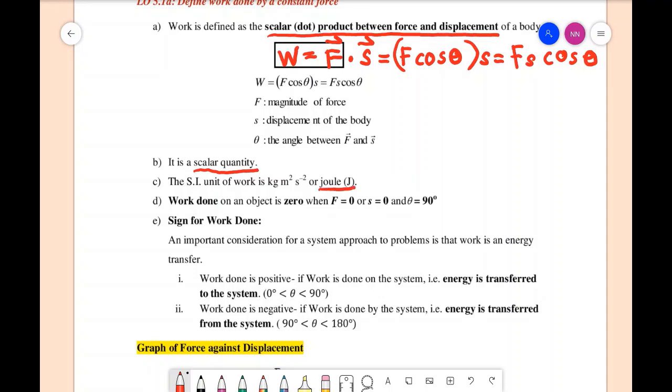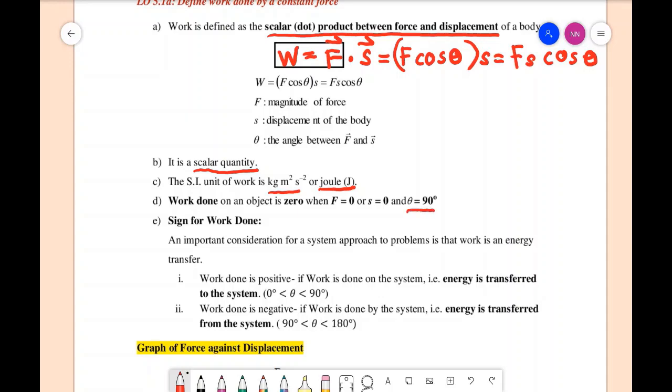The basic unit for work is kilogram meter squared per second squared, but basically we use joule, with the symbol capital J. Work done on an object is 0 when force is 0, or displacement is 0, or when we have values of F and S but the angle between force and displacement is 90 degrees.